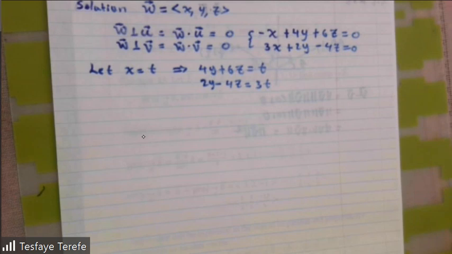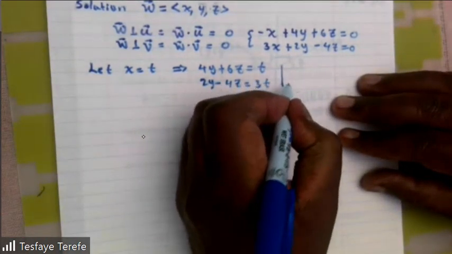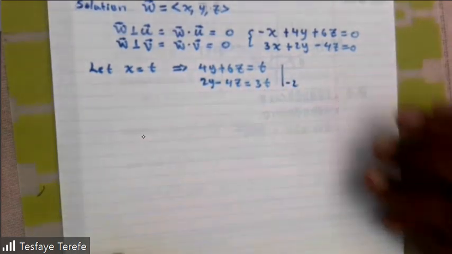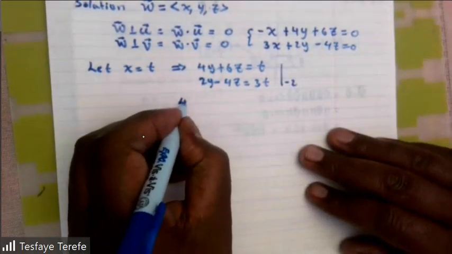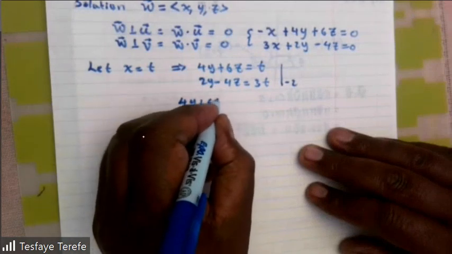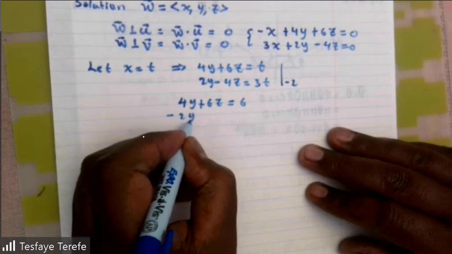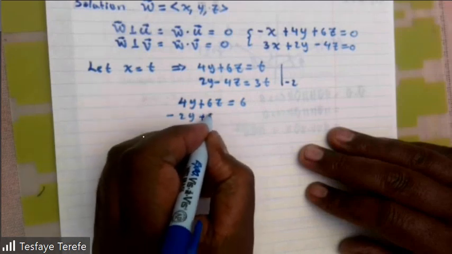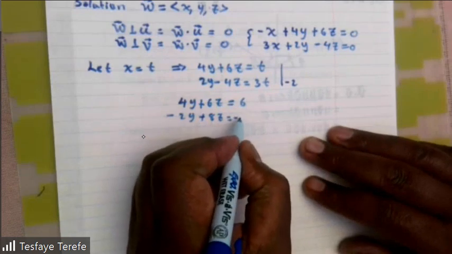I can do that. So how can I get rid of Y? Well, if I multiply the bottom by negative 2, then I will have this equation, 4Y plus 6Z equals T, and the negative 4Y plus 8Z equals negative 6T.